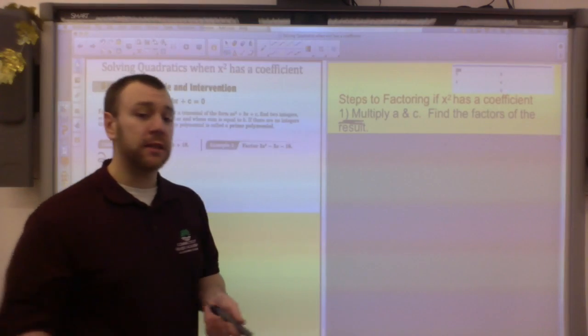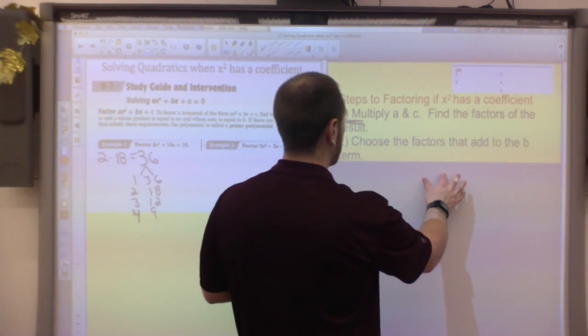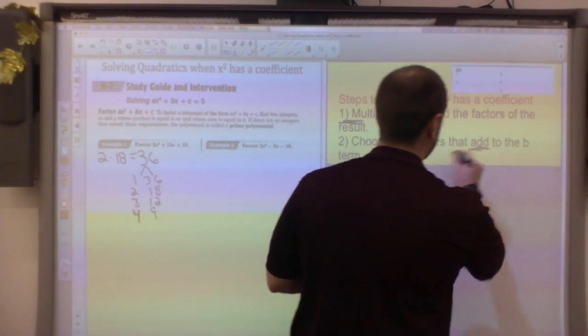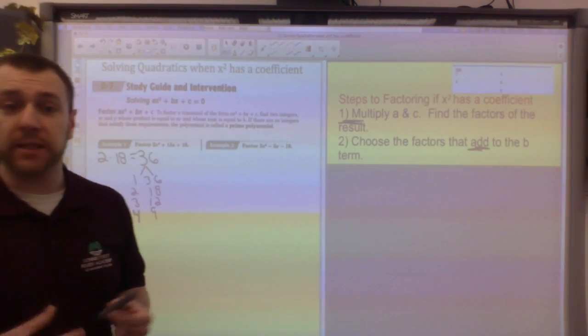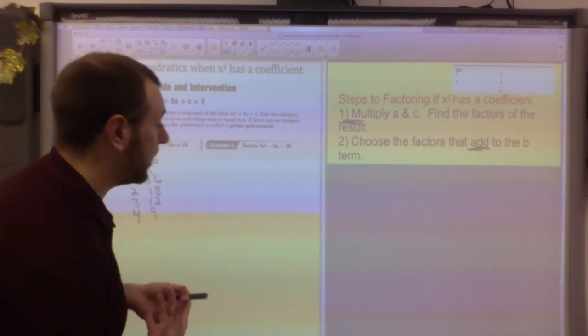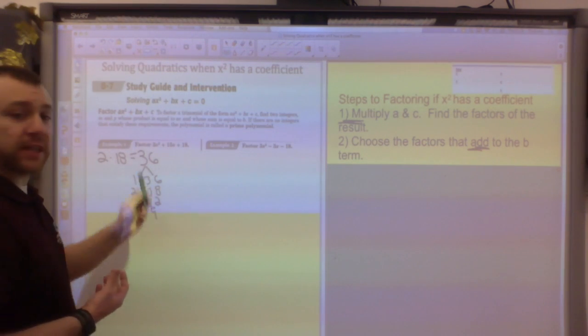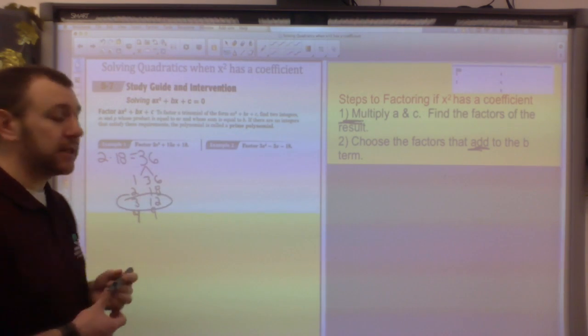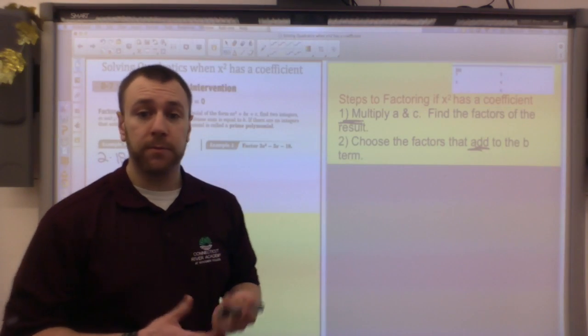Then the second step is I choose the factors that add to the b term, just like we did before, where I figure out what of this list is going to add to the b term. Well, that's 3 and 12.